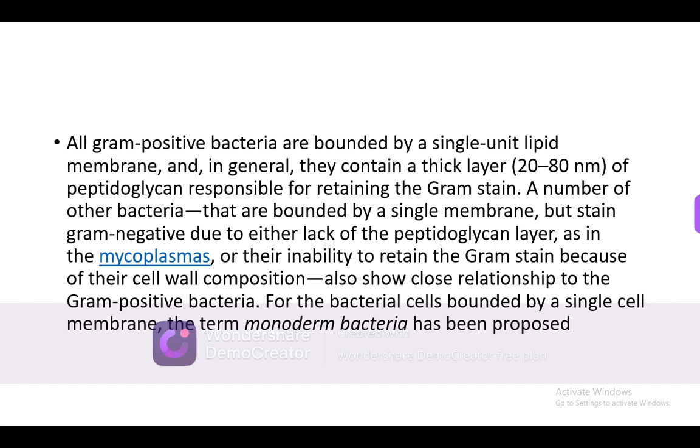It has an ability to retain the gram stain when you wash out with water and alcohol because of the cell wall composition. They also show a close relationship to the gram-positive bacteria.